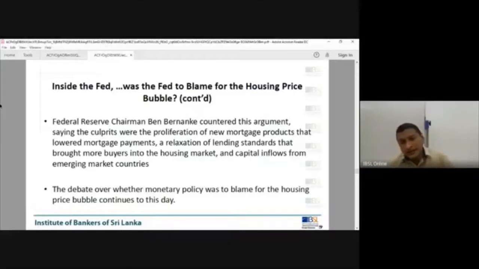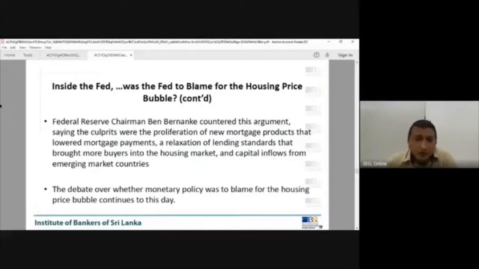He started during the period when President George W. Bush was first in office, and then he continued even under President Barack Obama as the chairman of the Federal Reserve. So he was very clear in arguing that it's not necessarily the low interest rate maintained by the Fed, and the culprits he identified were the proliferation of new mortgage products that lowered mortgage payments.